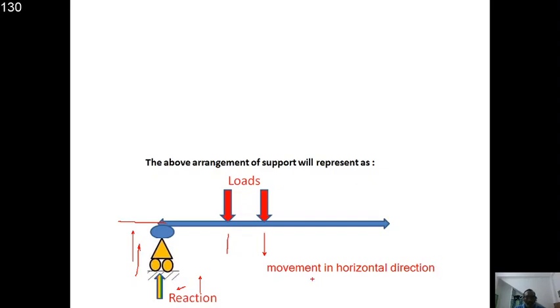So this can be moved in this direction or in this direction, but it cannot go downward because it has the reaction in the upward direction. So in the vertical direction, it has the reaction component, right?